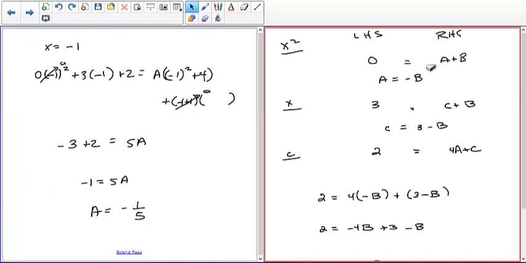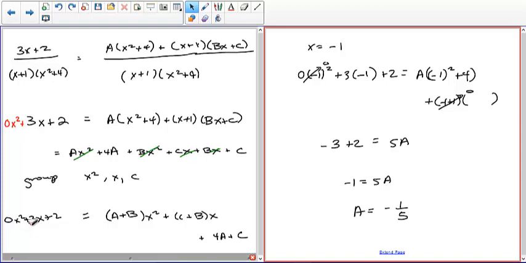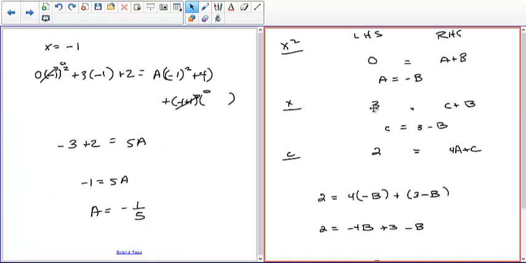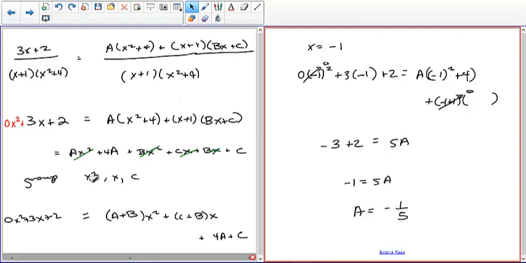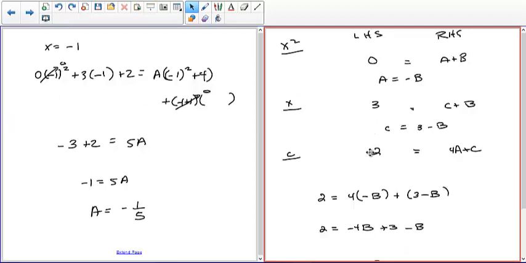So you get 0 is equal to a plus b. The second, you got 3 is equal to c plus b. And 2 is equal to 4a plus c. So these are our 3 equations.